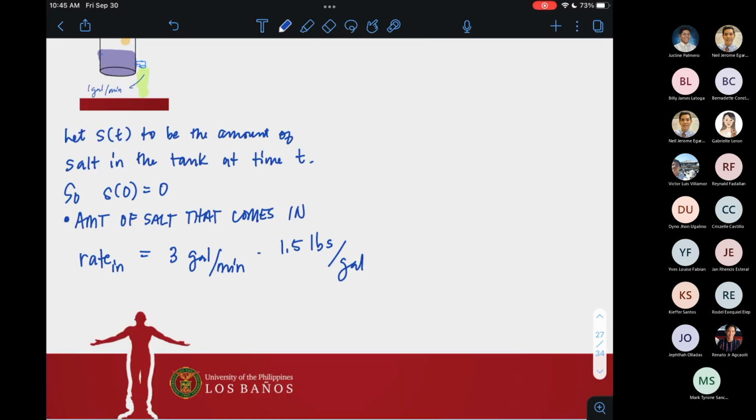So that means ang rate at which salt is being poured into the tank is what? Is 4.5. Ma-cancel yung gallons, magiging pounds per minute. So ito yung amount of salt that comes in the tank. So nagkakaroon tayo ng salt or nadadagdagan yung salt doon sa tank at a rate of 4.5 pounds per minute. Okay?